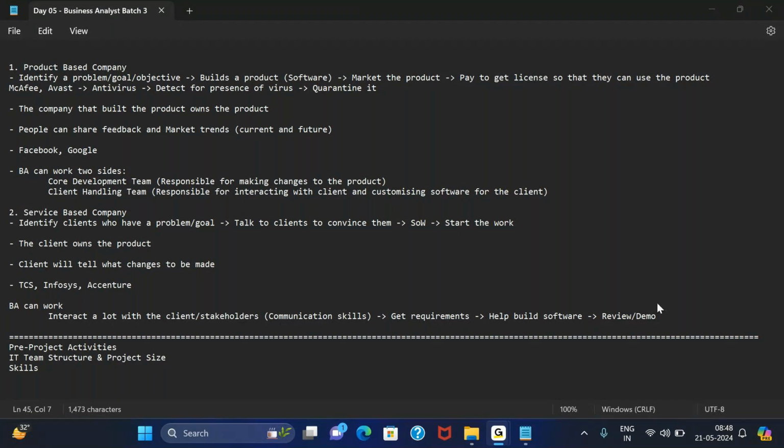Now, on the last part that you have, BA community trends, there are plenty of resources online. Am I part of any BA community? No. Why? Because I have a lot of people around myself.